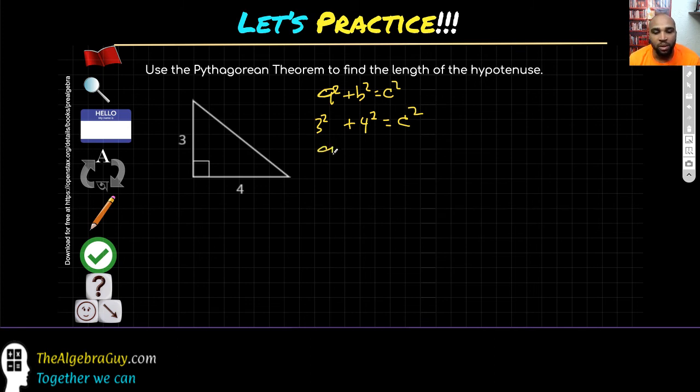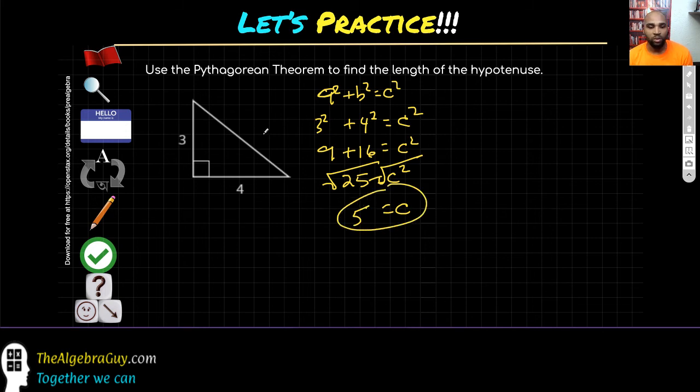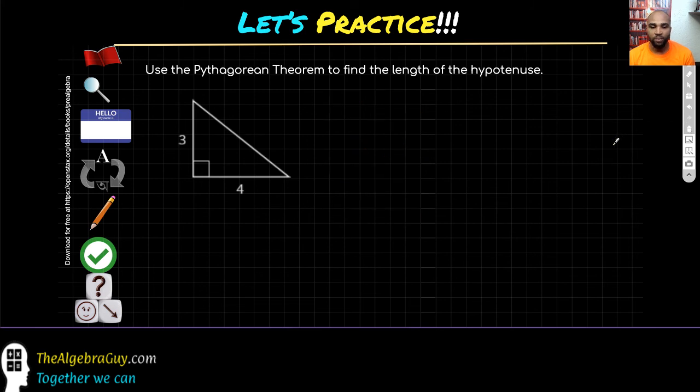So this is going to give me 9 plus 16 equals c squared. 16 plus 9 is 25. C squared equals 25. To get c by itself instead of c squared, I'm going to take the square root of c squared, and the square root of 25, giving me c equals 5. So now I know that my side c, my hypotenuse, equals 5.